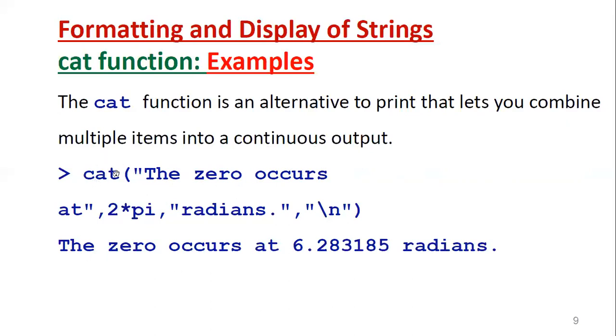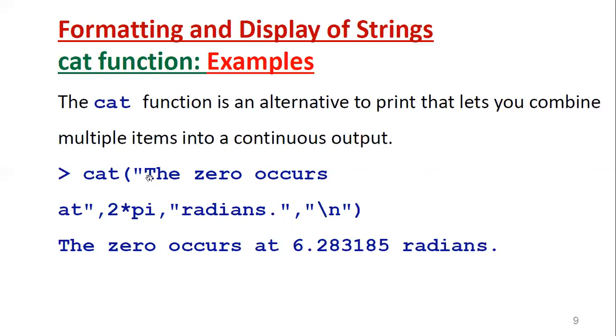So you can use the cat function for the previous example like this, cat within parentheses. All the strings you can include within double quotes. Then if it is any calculation, you can directly call that value, each separated by a comma.